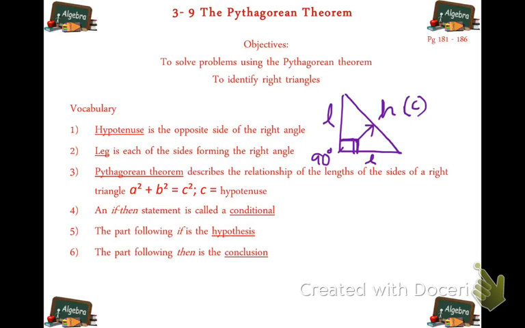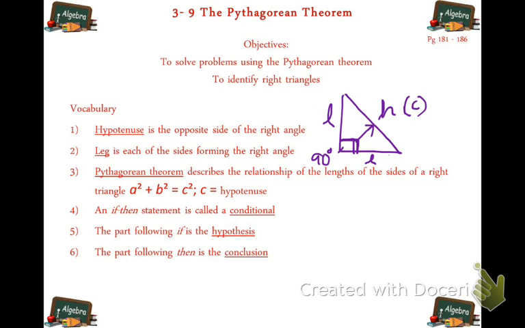That's the reason why I put in parentheses C. The hypotenuse will always be C. The two legs will be either A or B, so it doesn't matter. You can switch them back. Some people are going to start with A up here and B down here, or some might say B or A. It doesn't really matter. You'll still get the same answer for C.